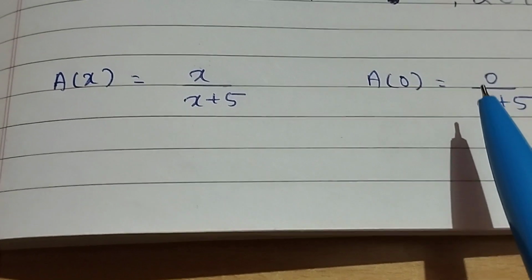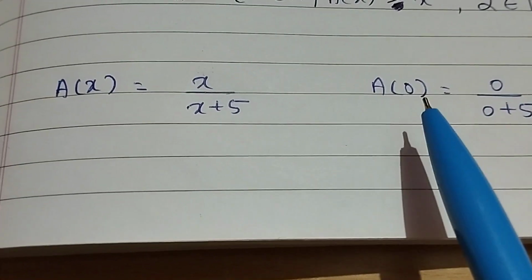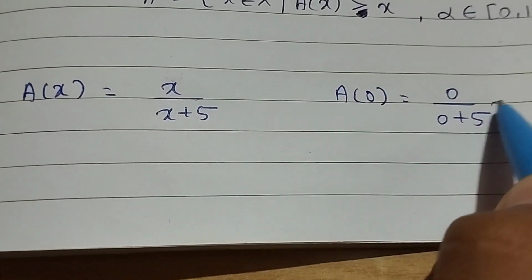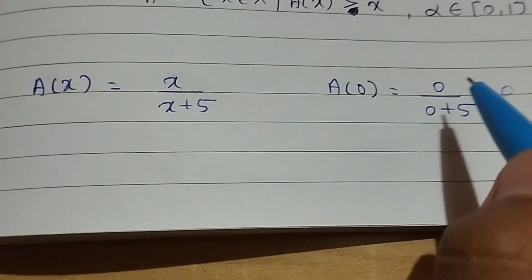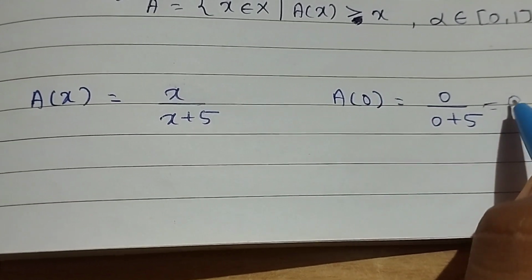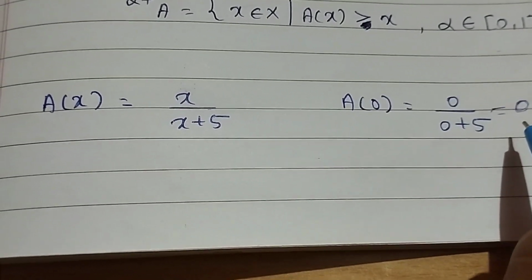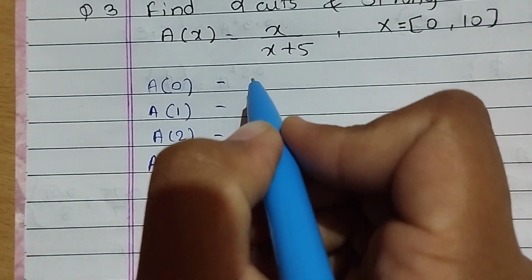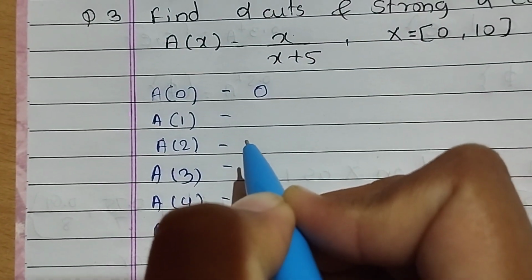A of 0 is equal to 0, because 0 divided by any value is 0. So A of 0 is 0.